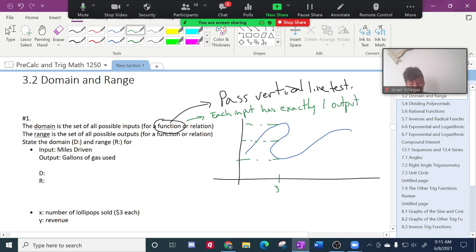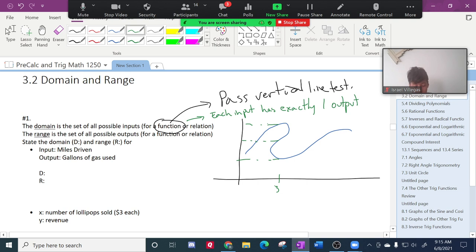And if it has more than one output, it won't pass the vertical line test. The vertical line will hit the graph in more than one point. Alright, so the domain is the set of all possible inputs. The range is the set of all possible outputs.